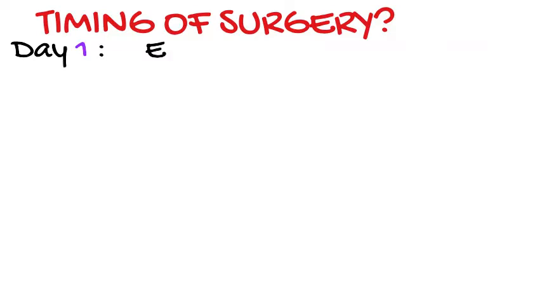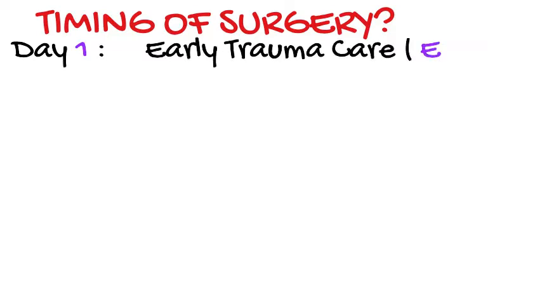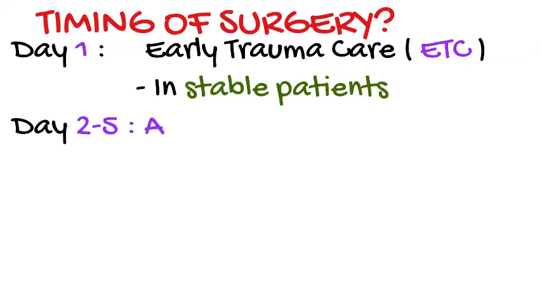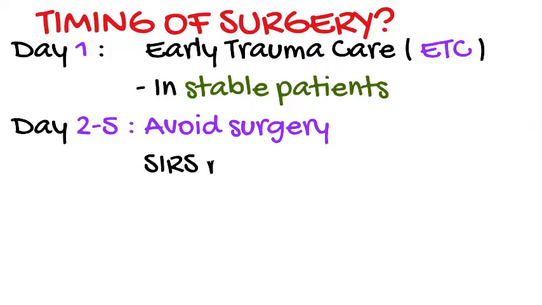Usually, the timing of surgery depends on the day. In day 1, early total care, ETC, is advocated in a stable patient. In day 2 to day 5, we should avoid doing any surgery unless it's a life-threatening or limb-threatening condition.